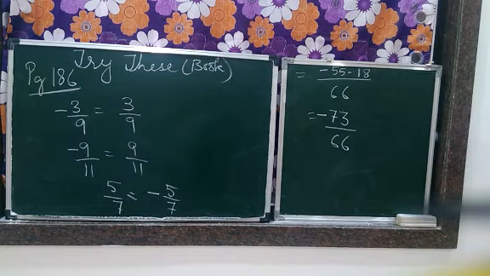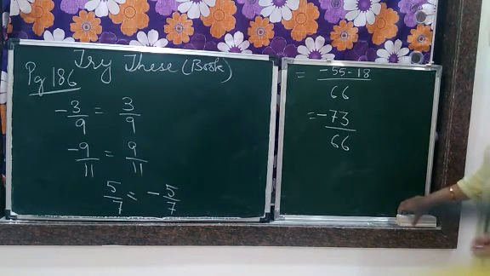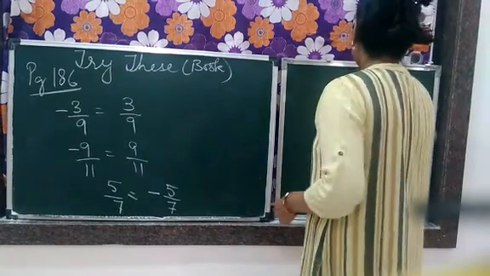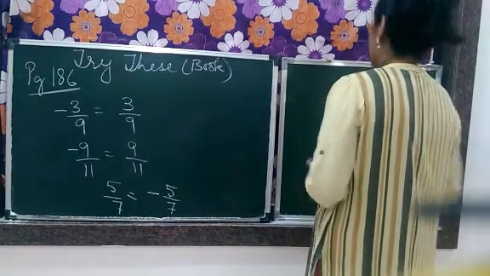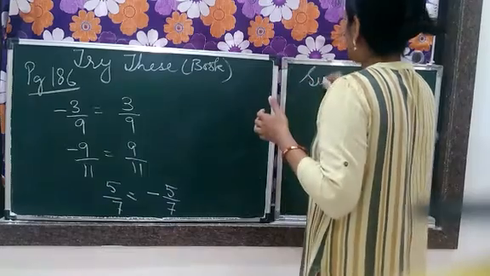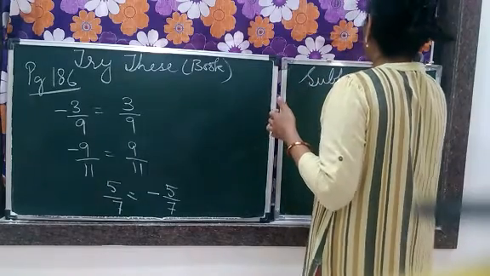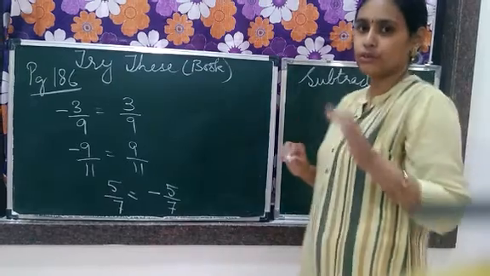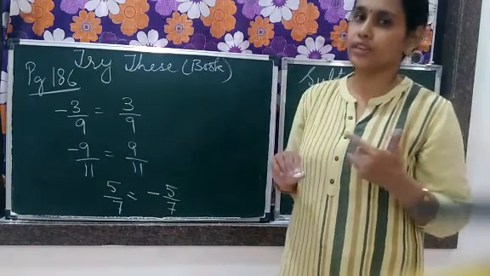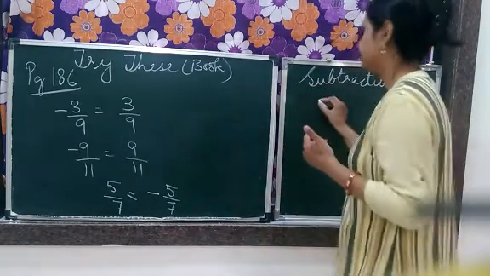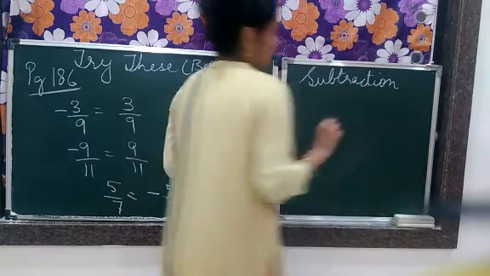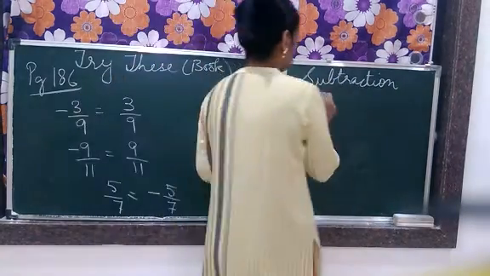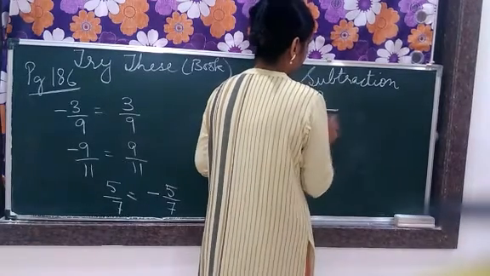Now we are going to discuss the second operation on rational numbers, that is subtraction. Subtraction also follows the same rules as that of the addition. Just how we added the two rational numbers, here we can subtract the two rational numbers.